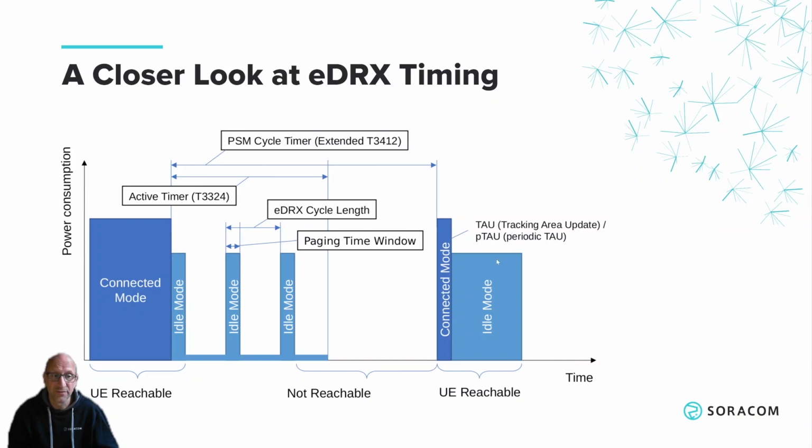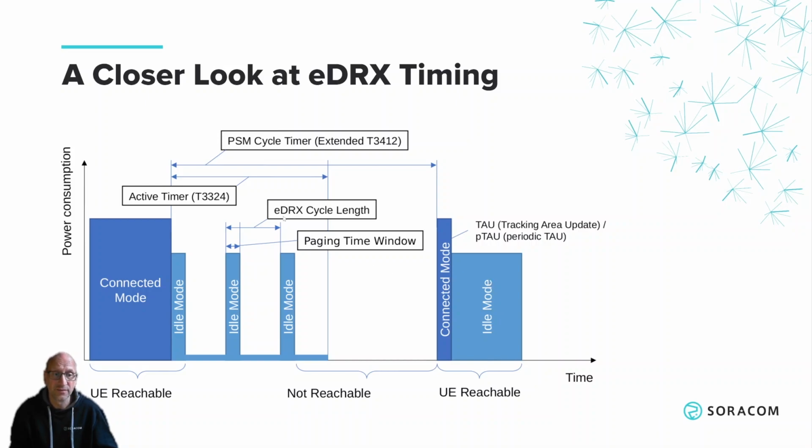So we have a specific power consumption over time, and within that time the UE is reachable. So when we activate or enlarge the eDRX setting now, we will deactivate the receiver part for a specific time, and then it will be activated again for a specific time.